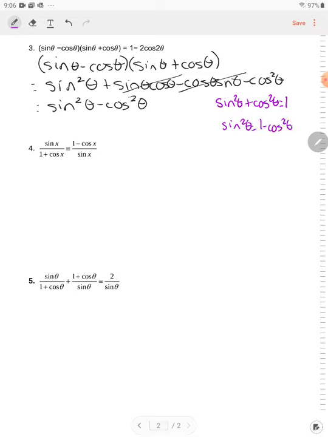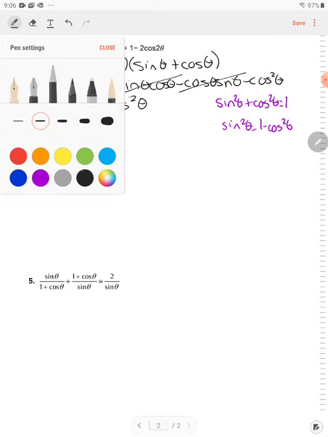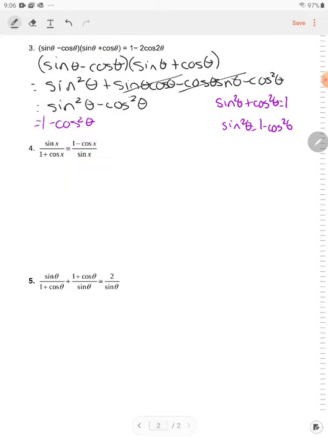So we're going to substitute. This is equal to 1 minus cosine squared minus cosine squared. And you can see that's equal to 1 minus 2 cosine squared of theta.